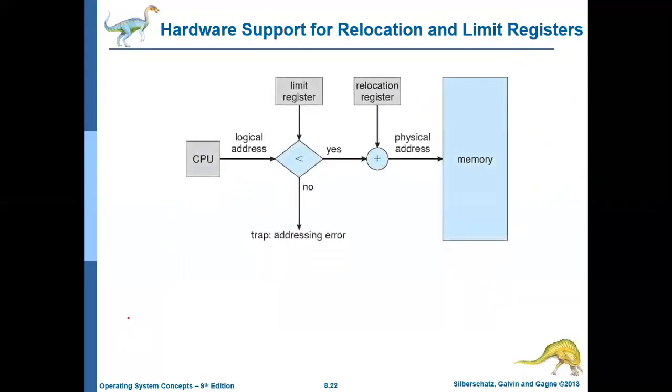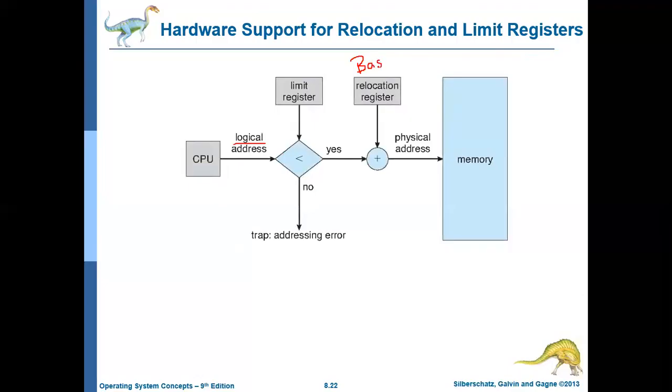So this diagram again explains the same thing. The CPU creates a logical address and that will be checked against the limit register, whether it is less than the limit register value or not. If it is less, it will be allowed to access. But before accessing, the address the CPU generated will be added with the content of the relocation register. The relocation register is nothing but the base register. The base register is otherwise called the relocation register.